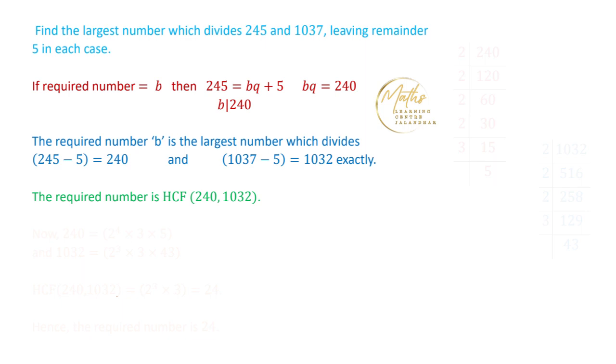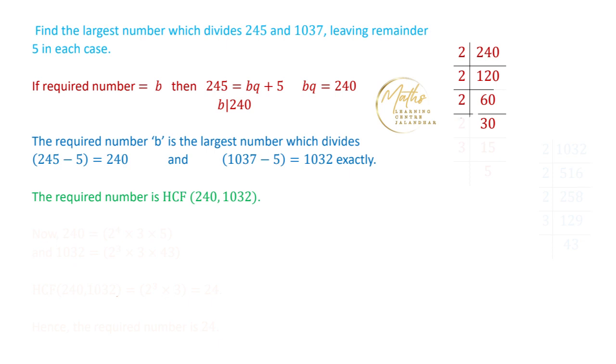To calculate the HCF, we are going to calculate the prime factors. Calculating the prime factors, 240 is divisible by 2, the quotient is 120. 120 is again divisible by 2, we get the quotient as 60. This is again divisible by 2, we get the quotient as 30.